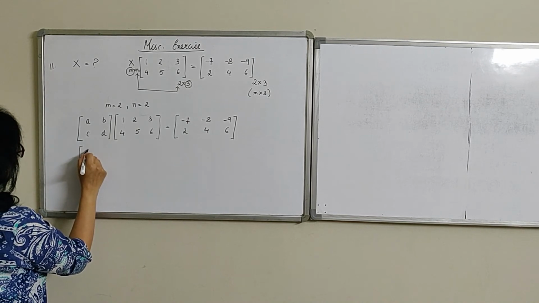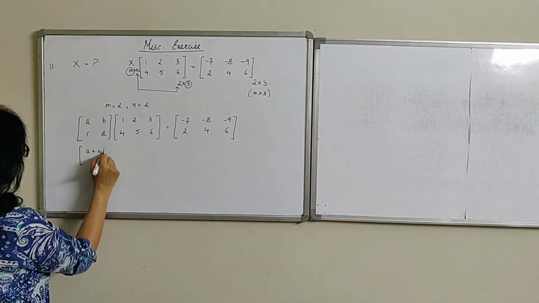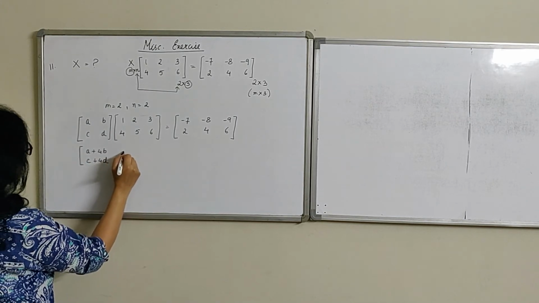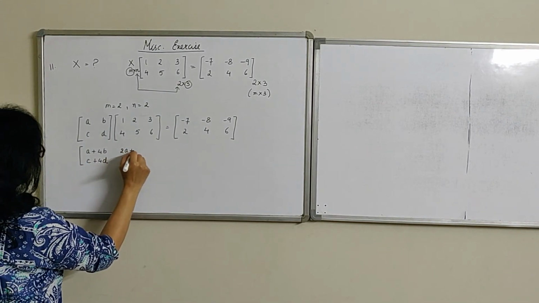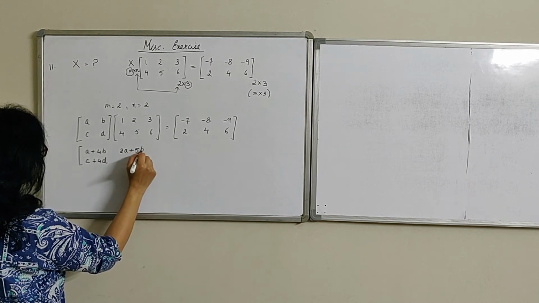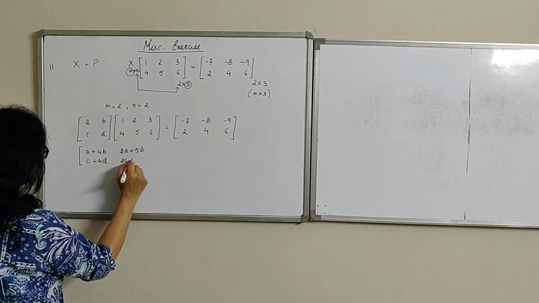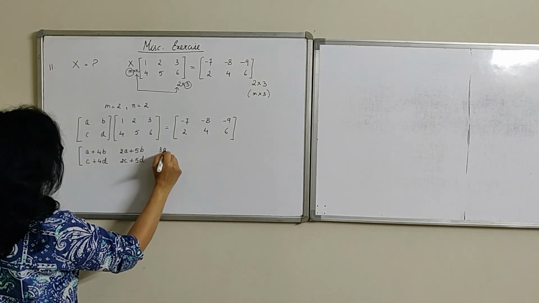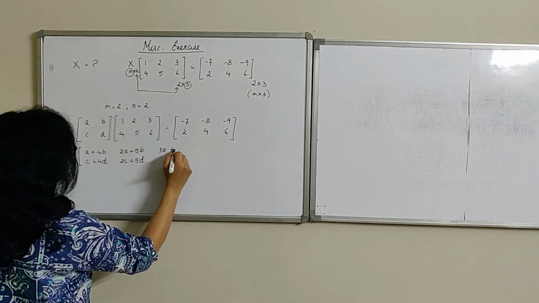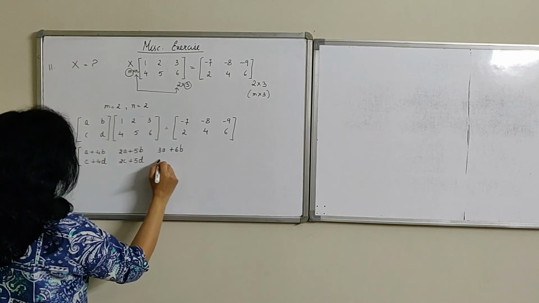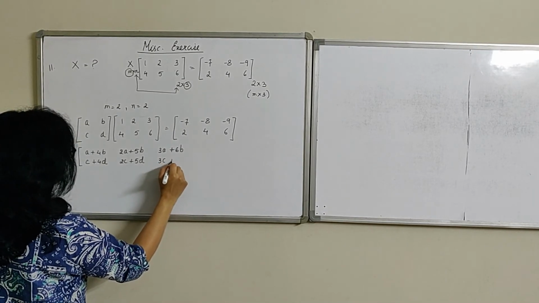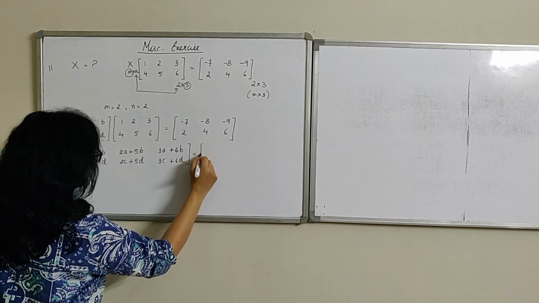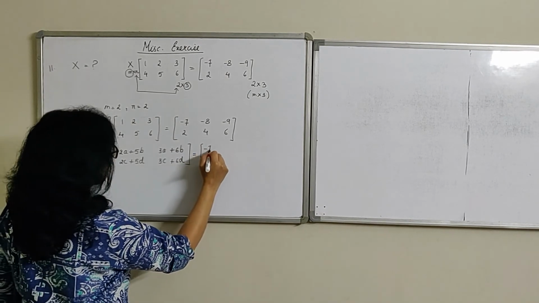We get A plus 4B, C plus 4D, 2A plus 5B, 2C plus 5D, 3A plus 6B, 3C plus 6D, which is equal to this.